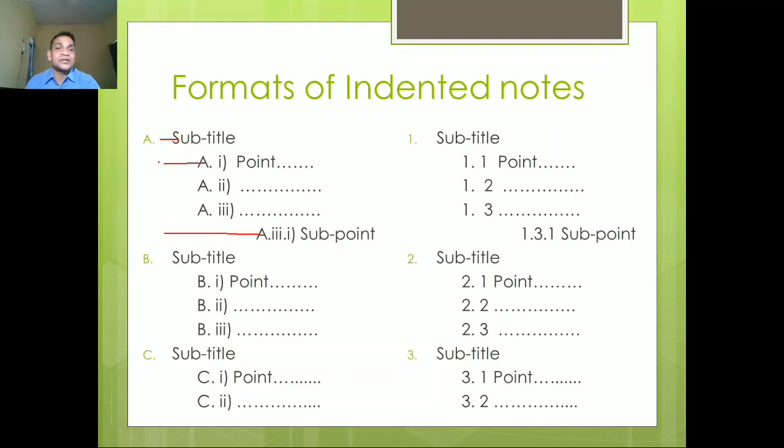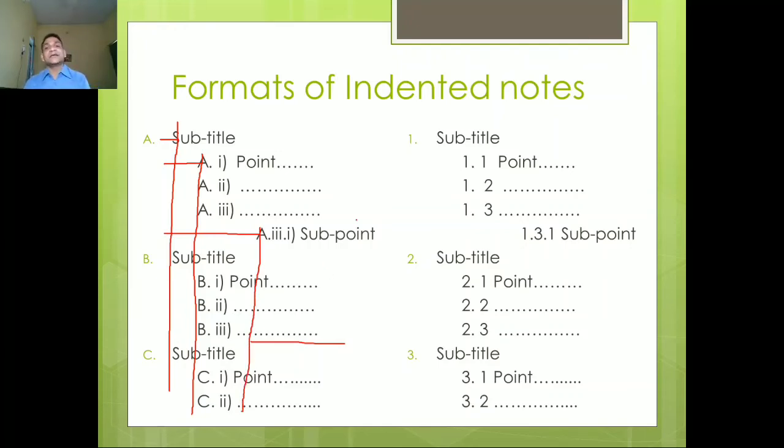This indentation is increasing. Now all the subtitles should be indented equally. All the points should be indented equally. Similarly, if you needed to use a subpoint over here, B.3.1, you will begin from over here because all the subpoints should be indented equally.